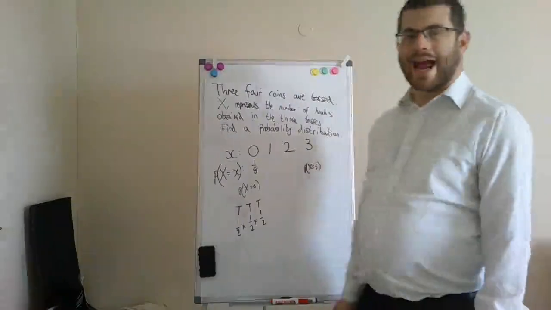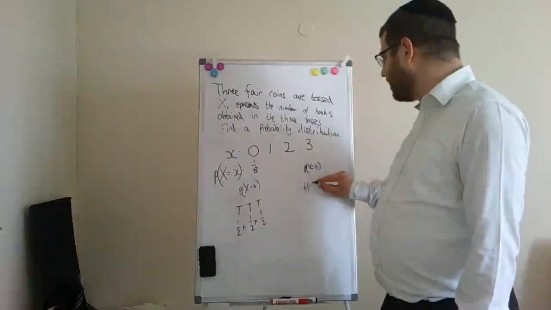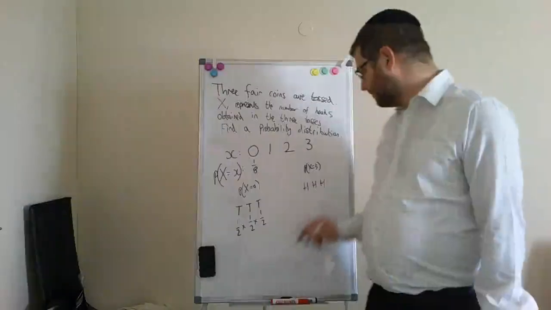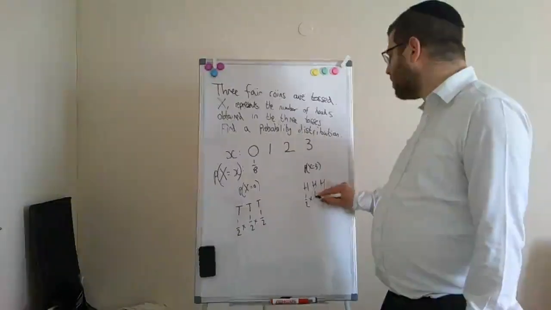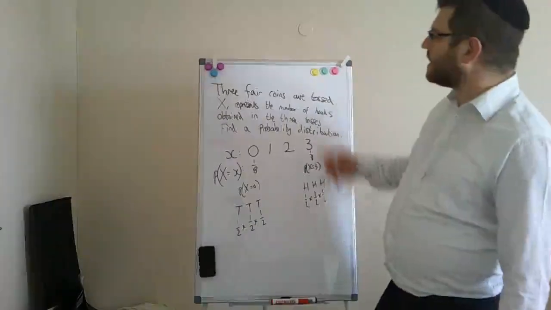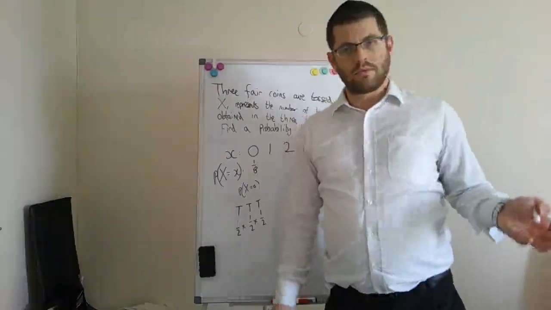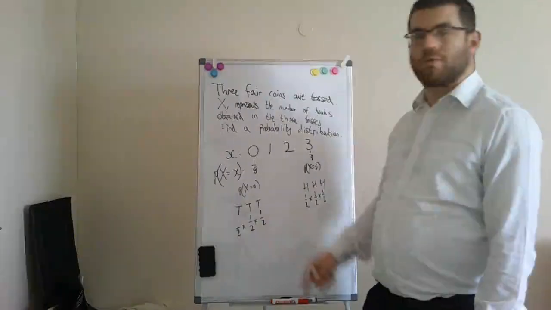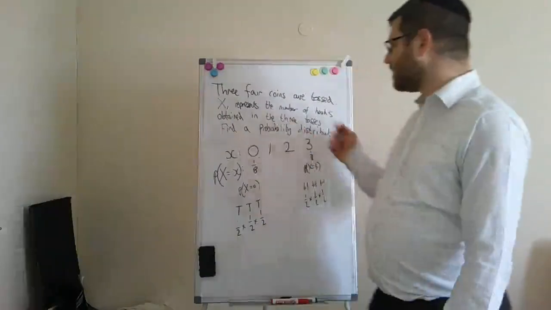Because if I want heads in every single go, I want head, head, head, but the probability of getting a head is the same as the probability of getting a tail. Now, if this was a biased coin, they wouldn't be the same. Let's say the probability of getting a head was 3/4, so this would be 3/4 times 3/4 times 3/4, and this would be 1/4 times 1/4 times 1/4. But the principle is the same.